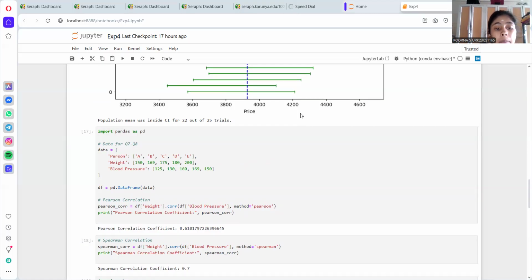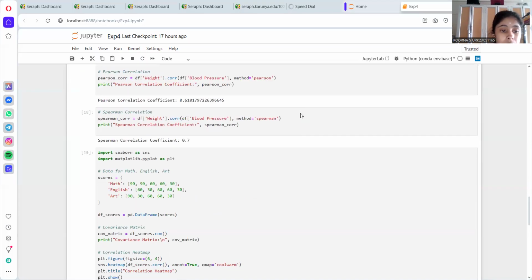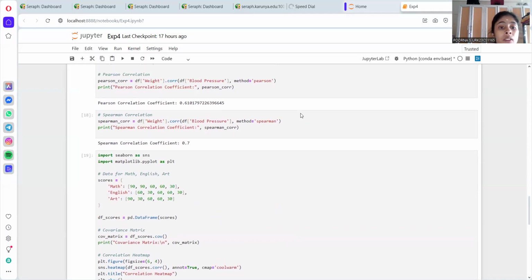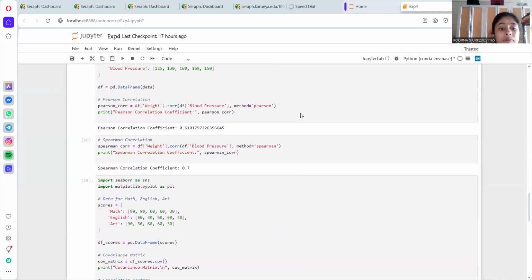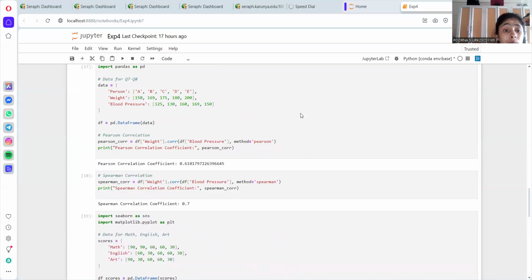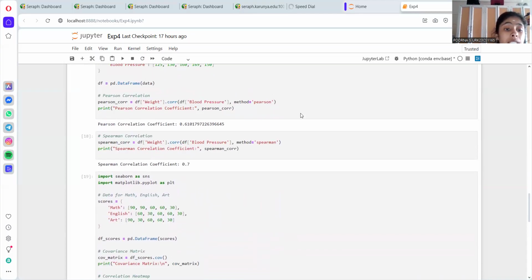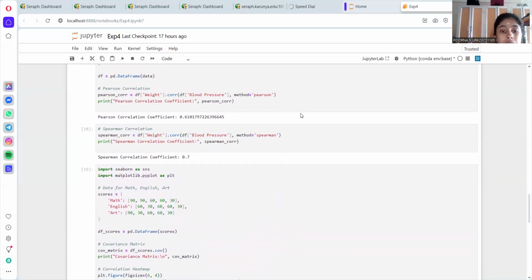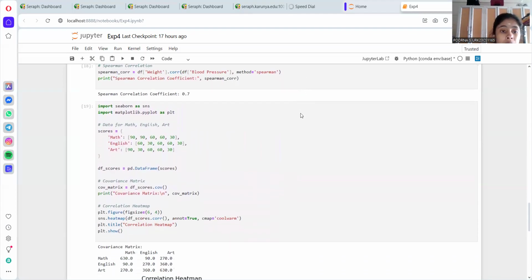So here Pearson checks the linear relationship, and Spearman checks the rank-based relationship of the weight and the blood pressure. So this is the Pearson correlation coefficient. This is the Spearman correlation coefficient for the column blood pressure.